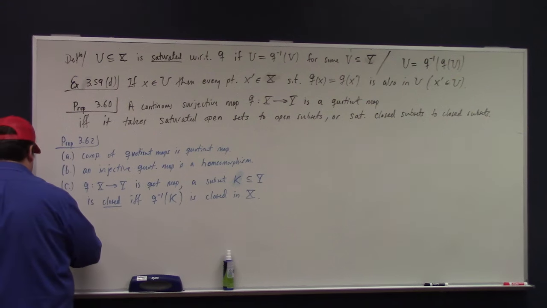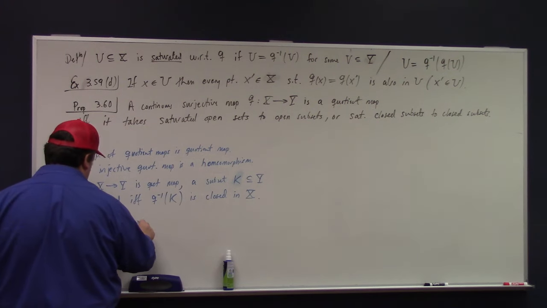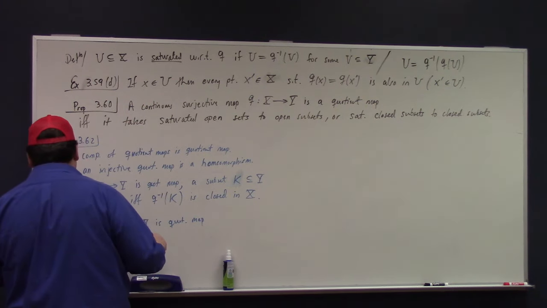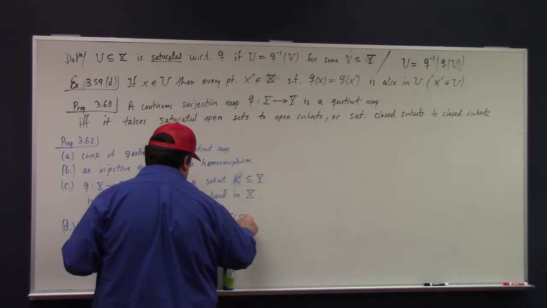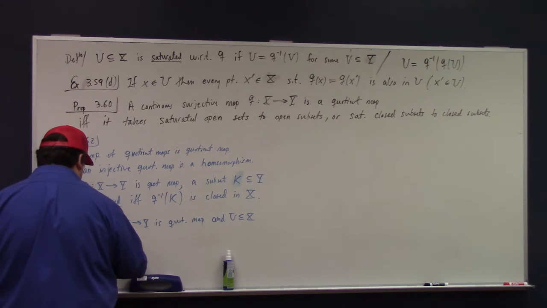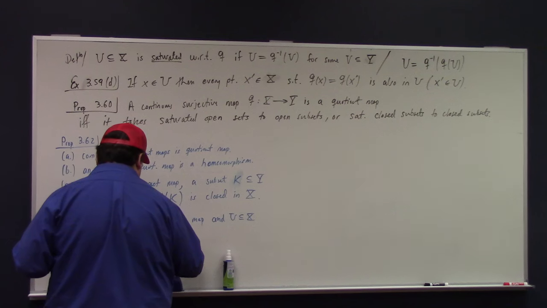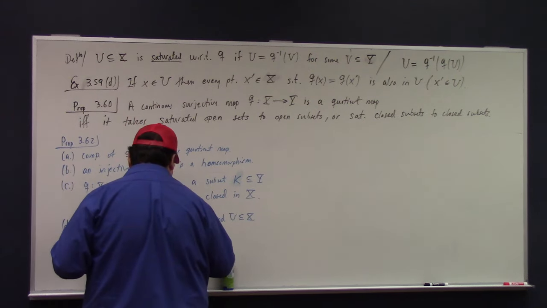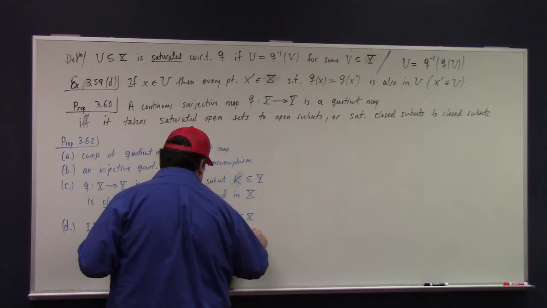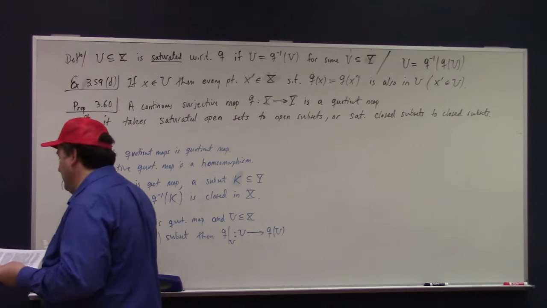All right, D: if Q is a quotient map and U, a subset of X, is a saturated open or closed subset, then Q restricted to U, understood as a mapping from U to Q of U, is a quotient map.